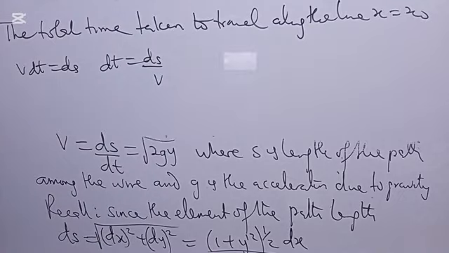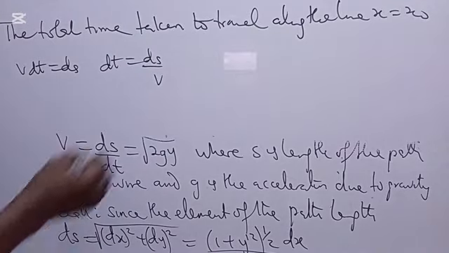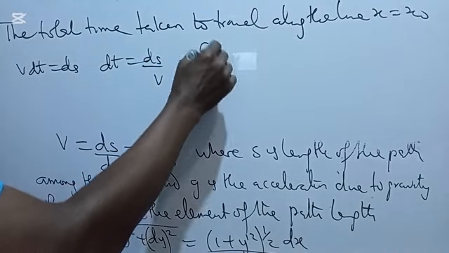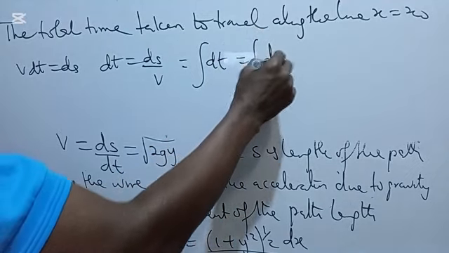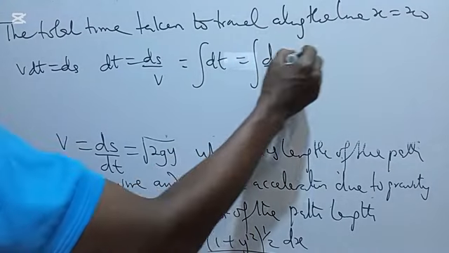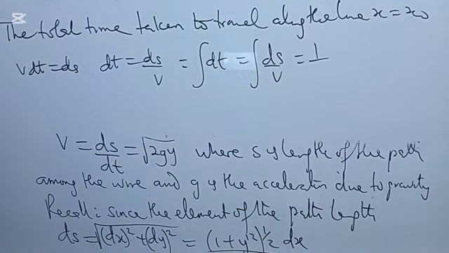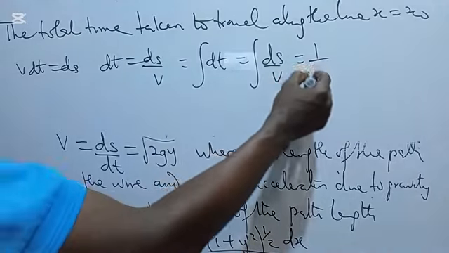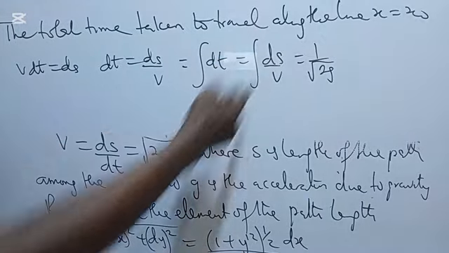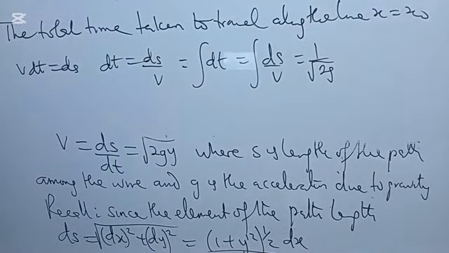Finding the integral of the two sides, you have the integral of dt equal to the integral of ds all over v. I hope we are following there. Good. Which is equal to 1 over 2 root 2g, and what is your ds already? You already know what our ds is.